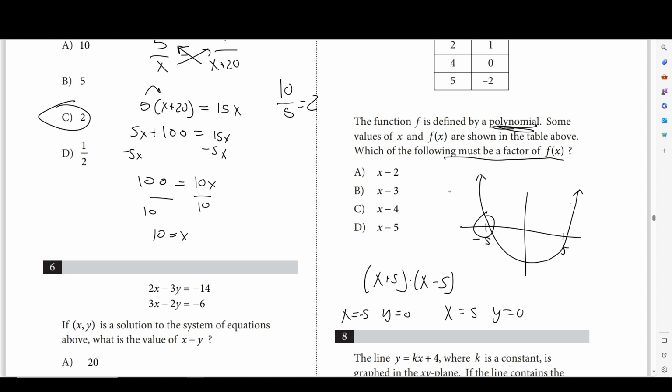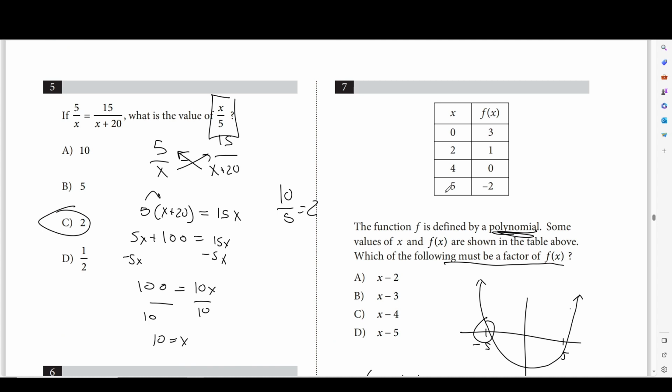So what I'm trying to say is that factors show you the x value that makes the whole function equal to 0. That's all I'm trying to say here. And it's going to be a lot more clear if we look at this table. We know that when x is 4, this function is equal to 0, because when we have an x input of 4, the y is 0. So that means that 4 is a zero.